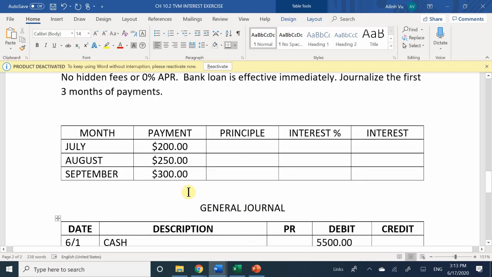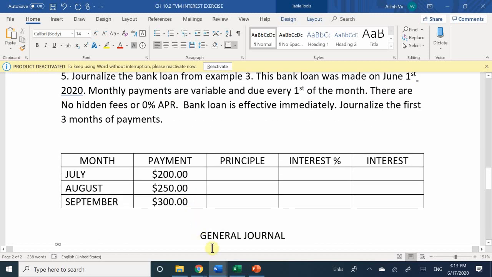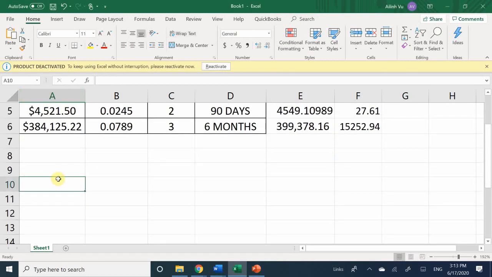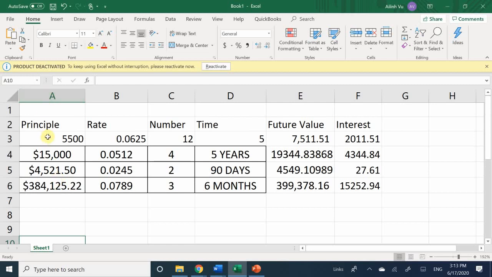And how do we do that? We're going to be using this beautiful equation right here. You're going to calculate how much interest you're going to be accumulating every single time.